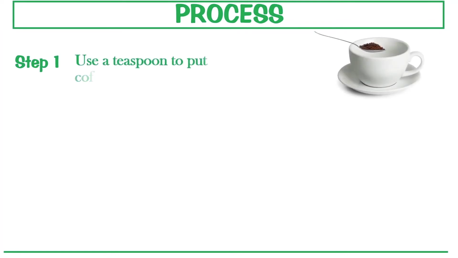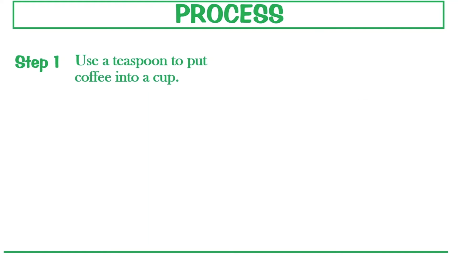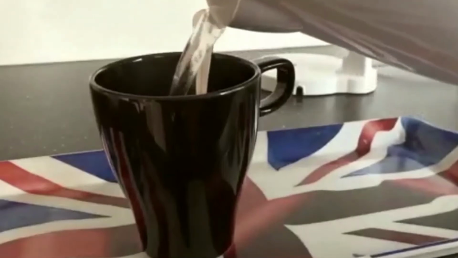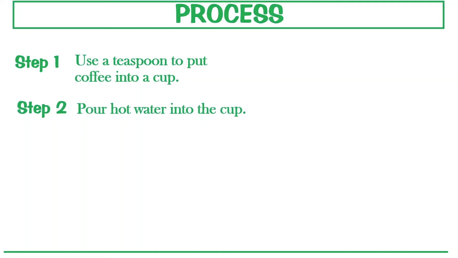The process will start with step number 1, using a teaspoon, you put the desired amount of coffee into the cup. Step number 2, pour hot water that has just been boiled into the cup with coffee inside. Good.